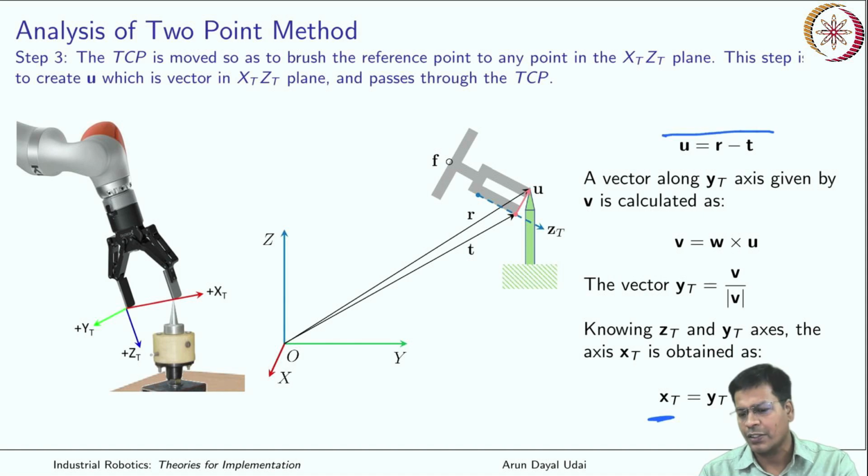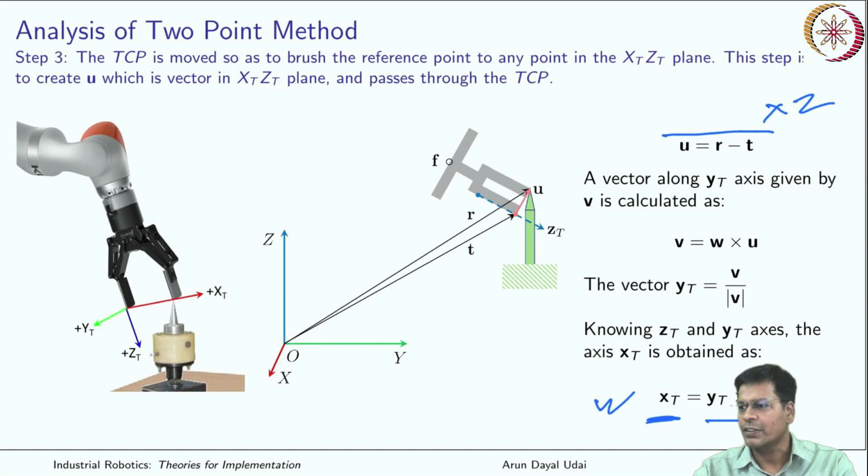U was not along XT. U was somewhere near XT, on the XZ plane. But now XT, which is taken as the cross product of Y and Z, will exactly give you the XT unit vector.